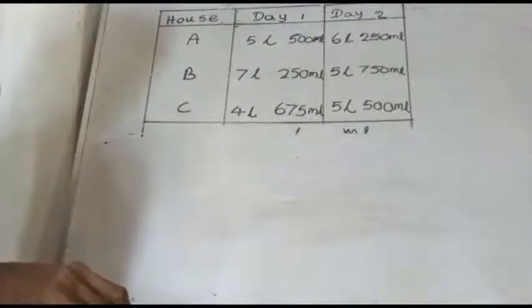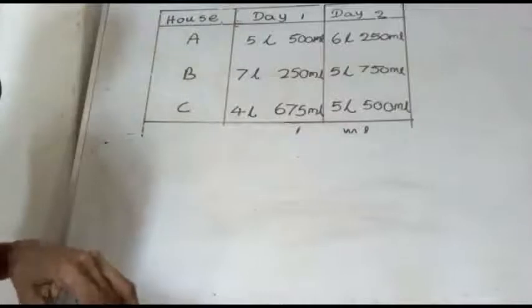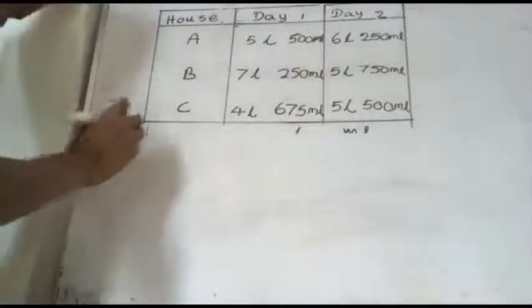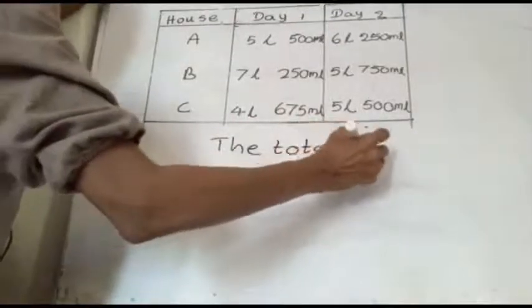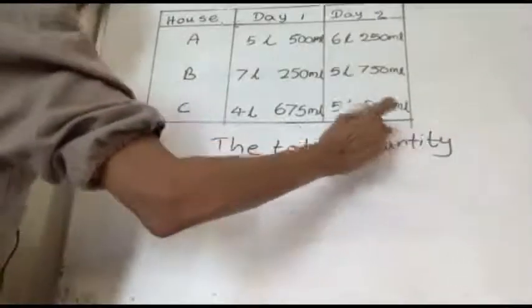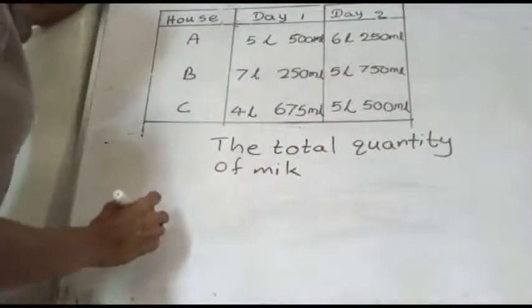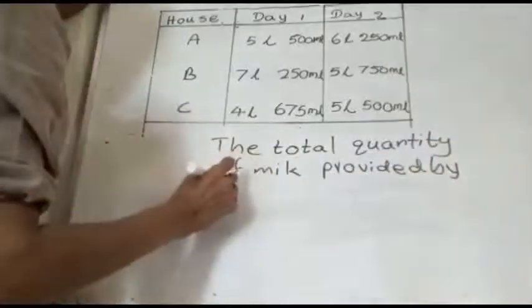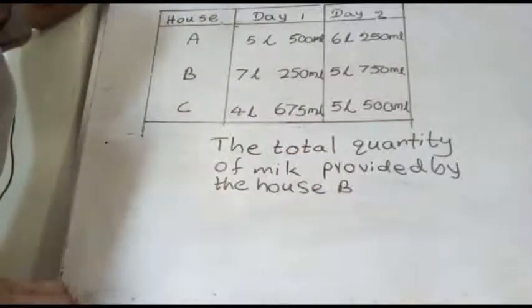Here, the total quantity of milk provided by the house B during the 2 days.